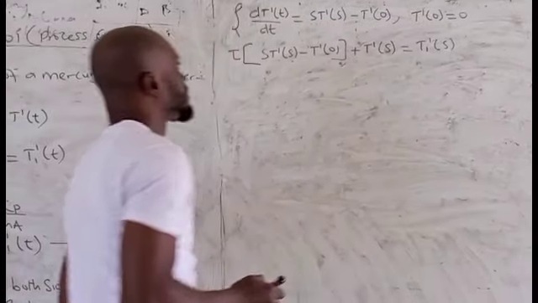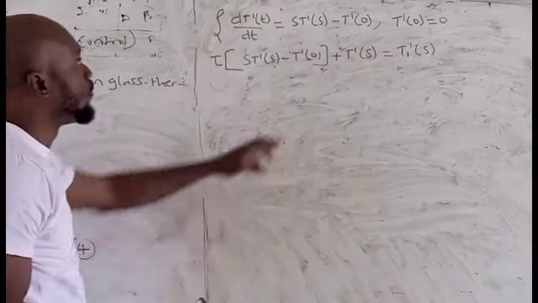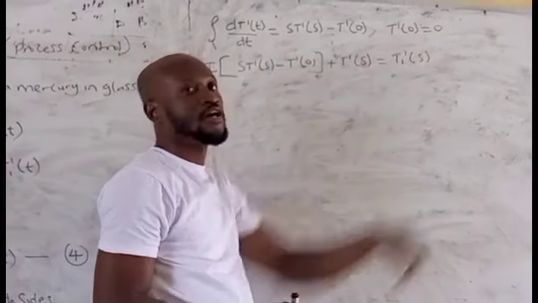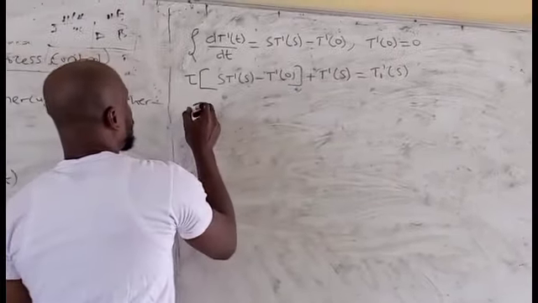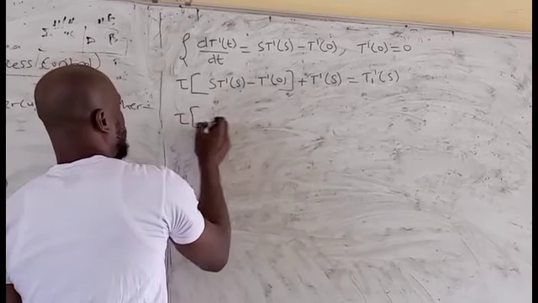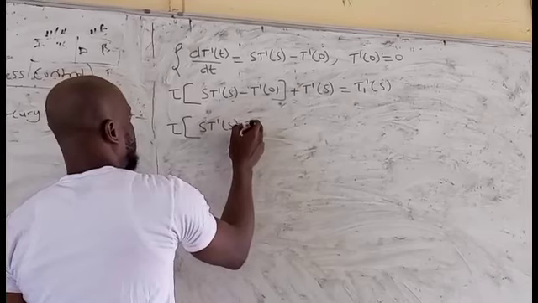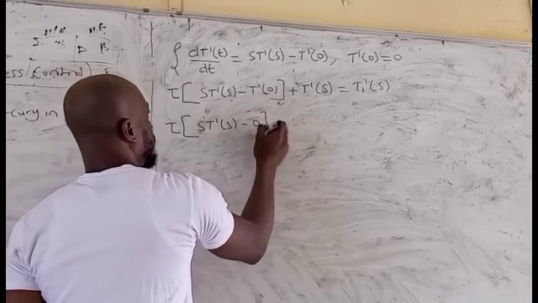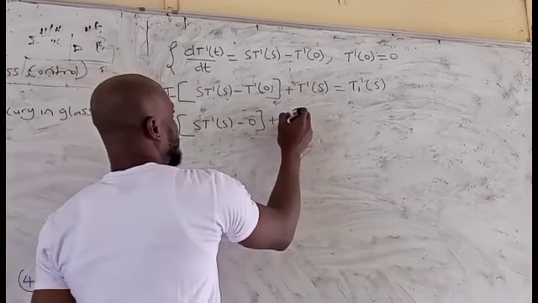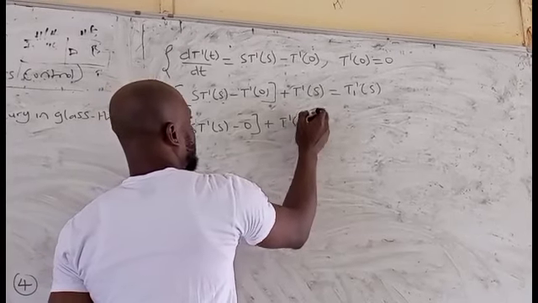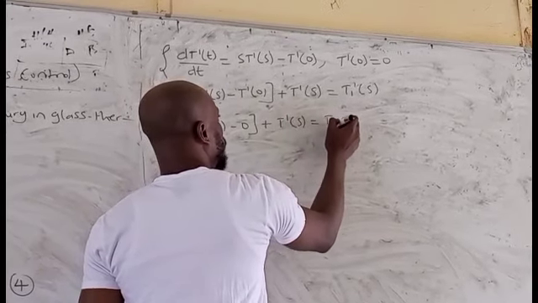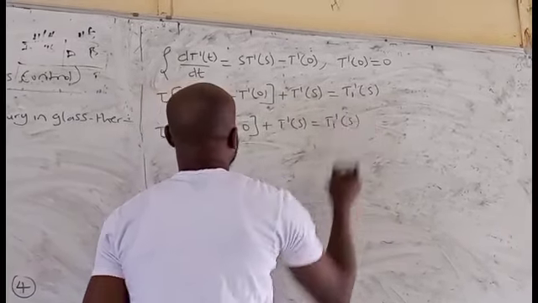This is what I'm going to get. So from here, I include my initial condition. I have my time constant multiplied by sT'(s) minus 0, plus T'(s), is equal to T1'(s).